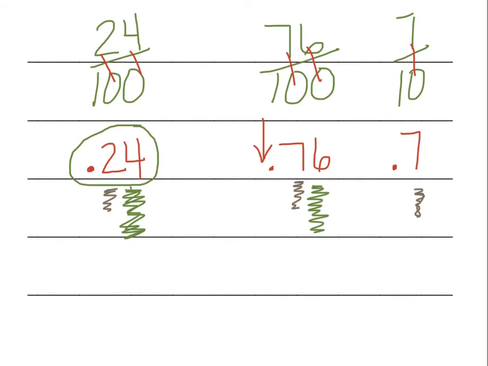The last place value is hundredths, so 24 hundredths. 76, last place value is hundredths, so 76 hundredths. Here, 7, the last place value is the tenths, I'm sorry, so it would be 7 tenths.